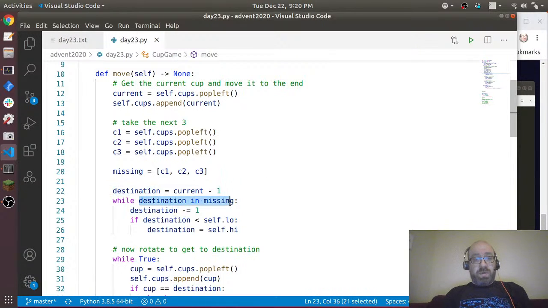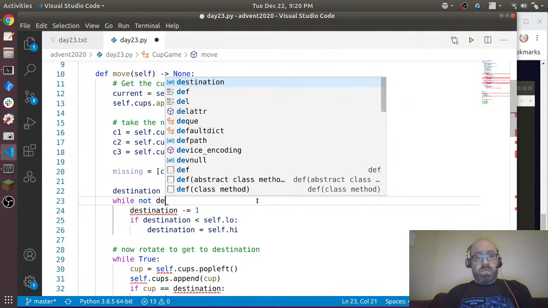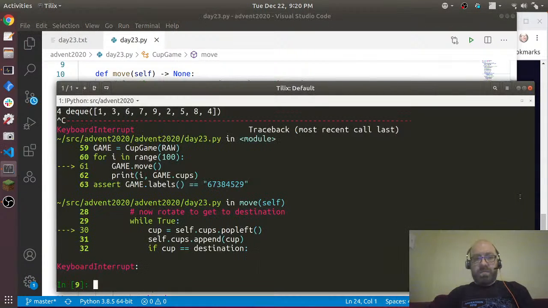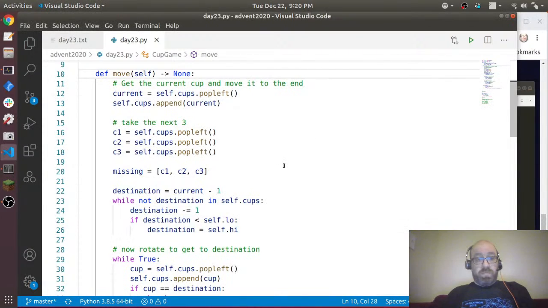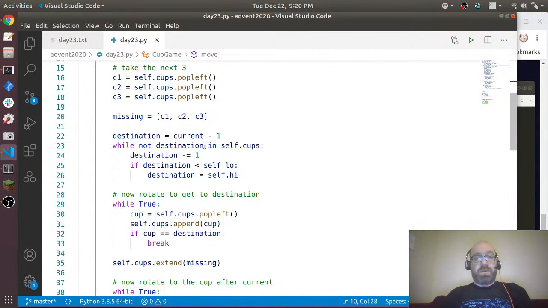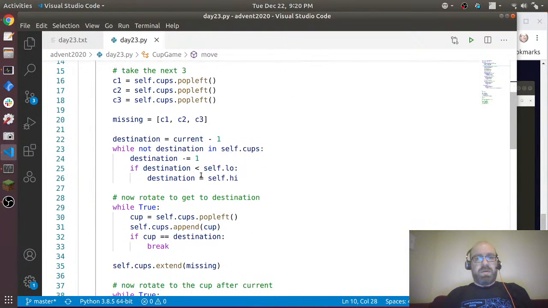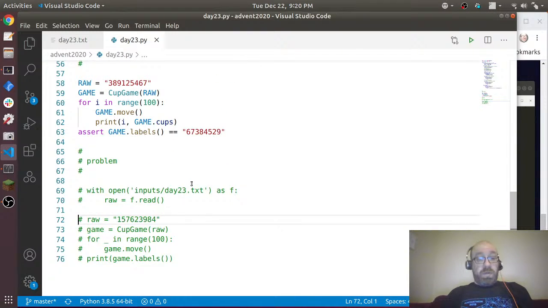Destination equals current minus 1. So let's say while not destination in self.cups. That's not as efficient, but it probably will work. I think what was going wrong was that I was at 1 and I subtracted 1, it was at 0 and it just kept subtracting 1, although that still should have worked. Or no, it didn't work. Anyway, let's try it.